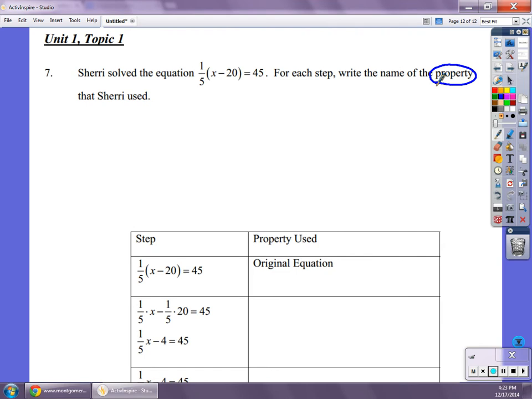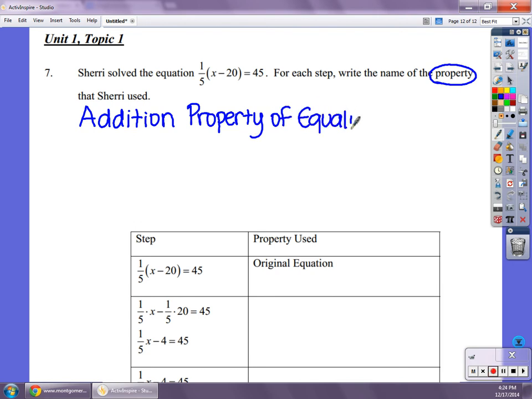There are a few properties that we use to solve equations that we've learned this year. The first is the addition property of equality. And it is joined by its opposite, the subtraction property of equality.